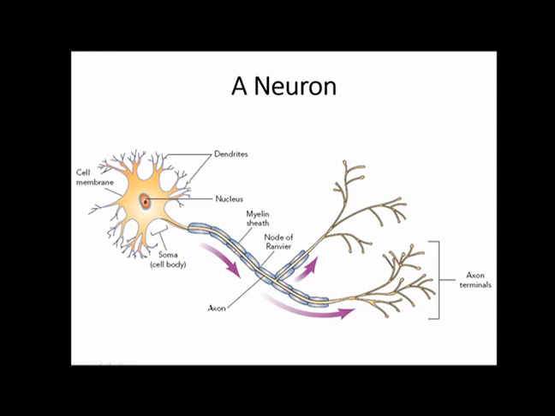And these are really useful because they help that electrical signal that's traveling down the axon towards the axon terminals. The myelin sheath and that insulating fat helps that signal travel faster. And we'll talk about how that happens when we actually start talking about how an electrical impulse is carried through the cell.